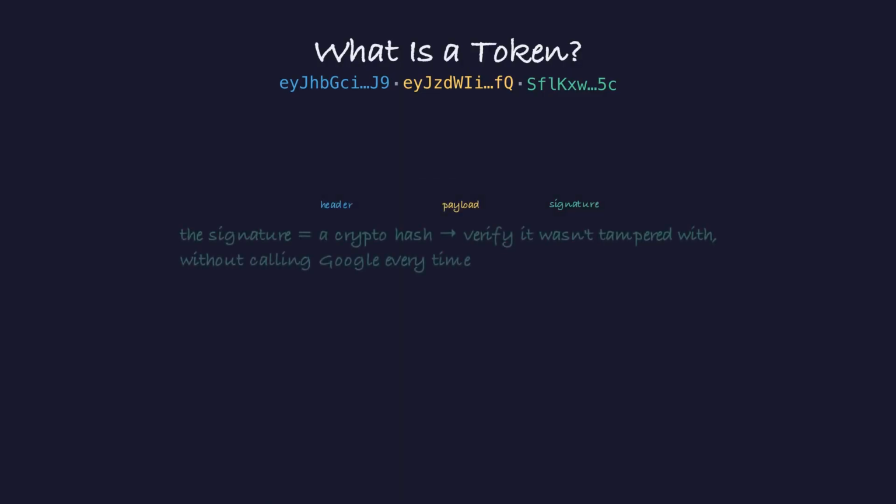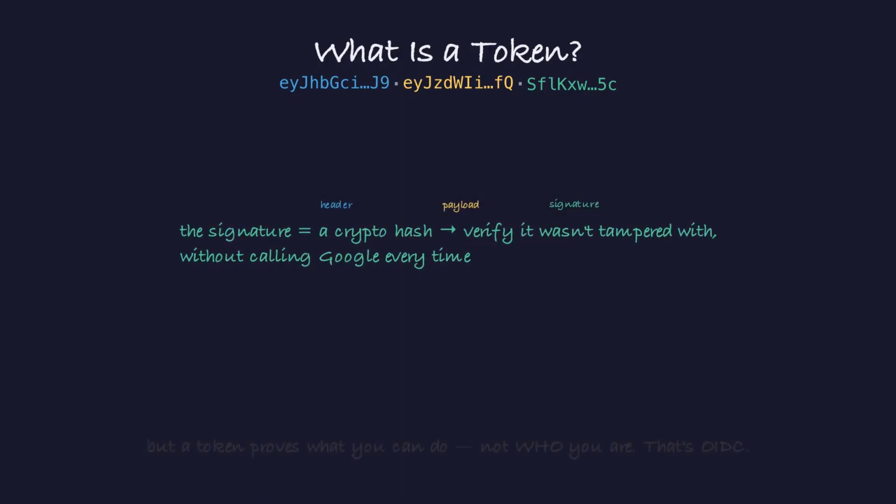The signature is a cryptographic hash that lets the resource server verify the token wasn't tampered with, without calling back to Google every time. But note, an access token proves what you're allowed to do, not who you are. That's where OIDC comes in.